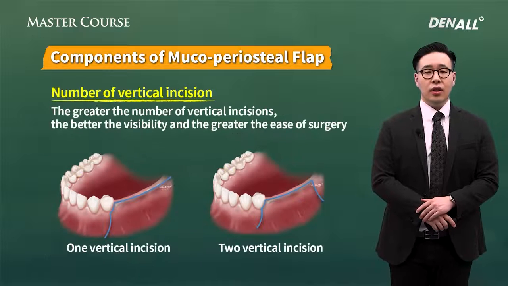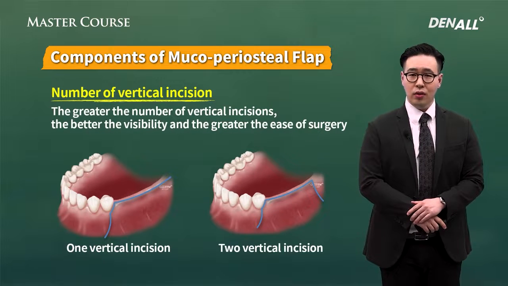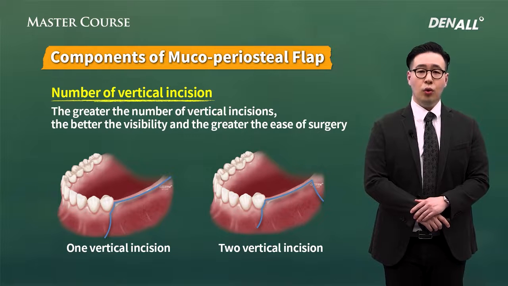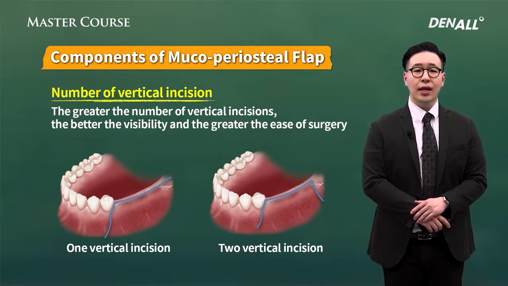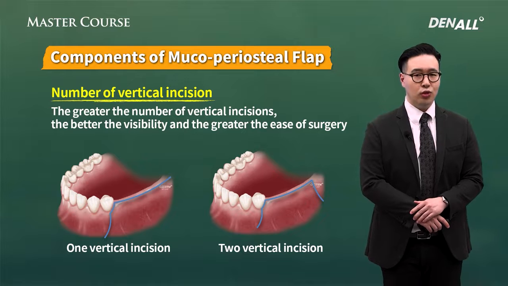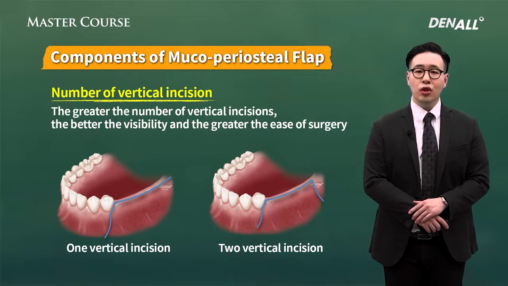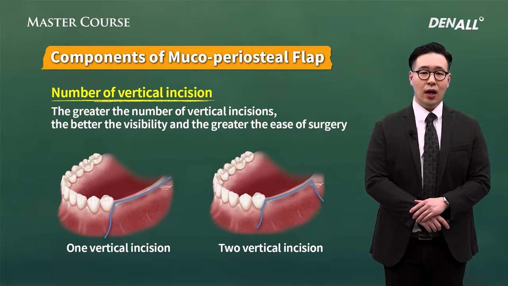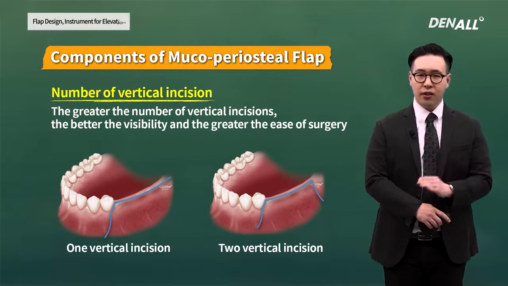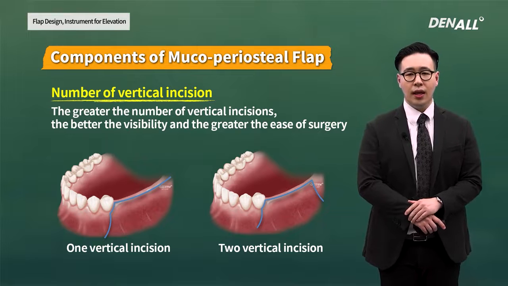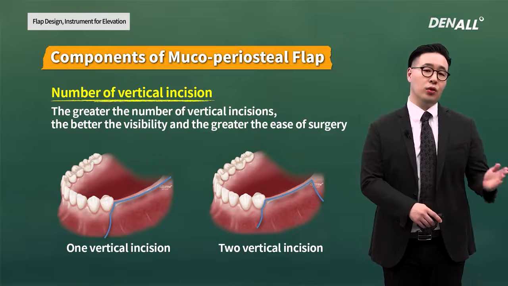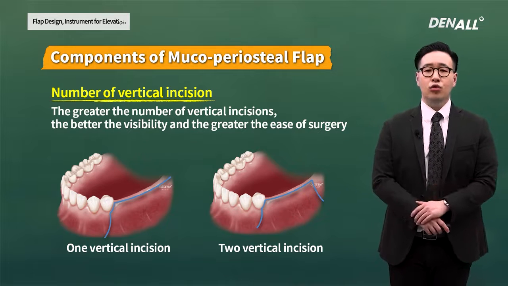By adjusting the number and position of vertical incisions, you can adjust the level of visibility and accessibility during surgery and the level of suture and healing. Regarding suture, the complexity is much higher in posterior vertical incision compared to anterior vertical incision, so it is better to do anterior vertical incision.